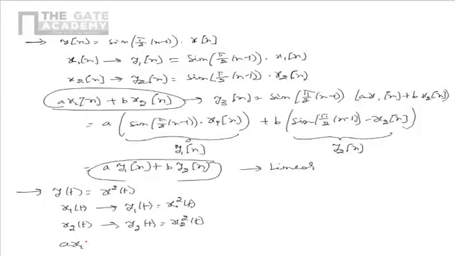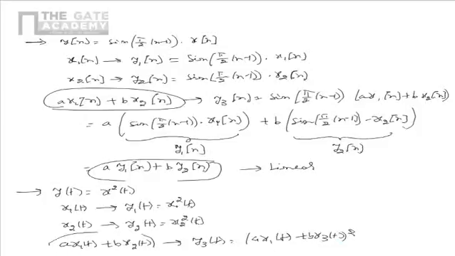When the input is a into x1 of t plus b into x2 of t, the output can be written as y3 of t is equal to a x1 of t plus b x2 of t, whole square. This is the case because the output for any input is just the square.